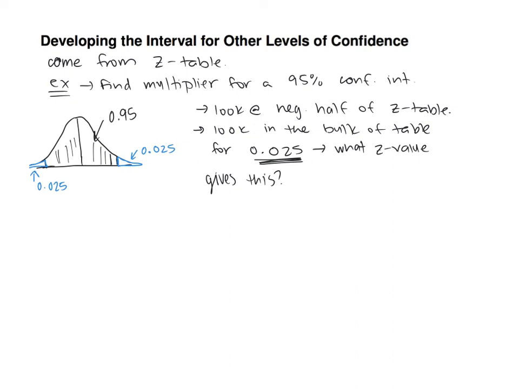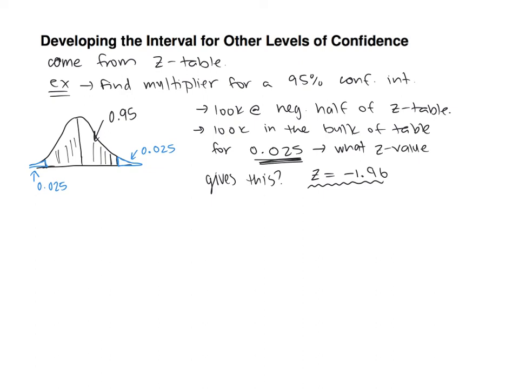So if you do that, you end up looking in the negative side. You look in the 1.9 row, and you see that you have 0.287, 0.281, 0.274. They're going down to 0.025. And you see that 1.96 is 0.0250 exactly. So a Z value of negative 1.96 is what comes out.